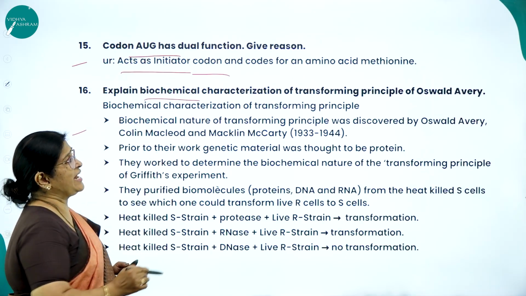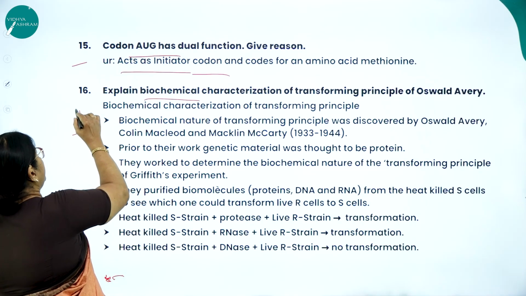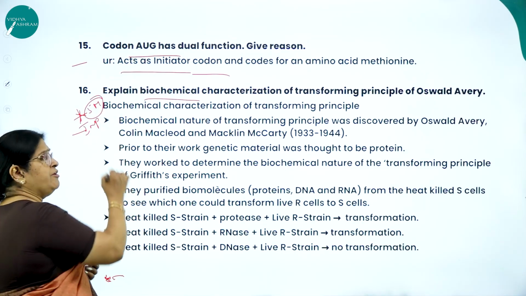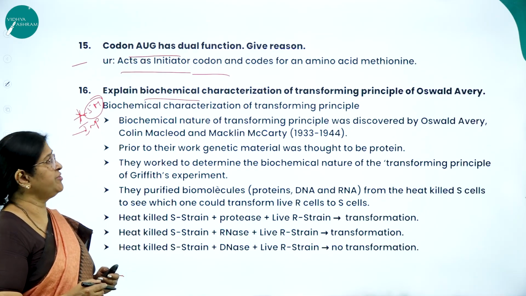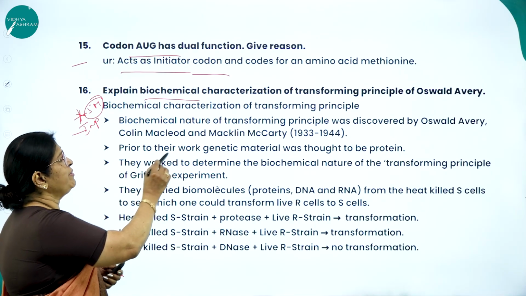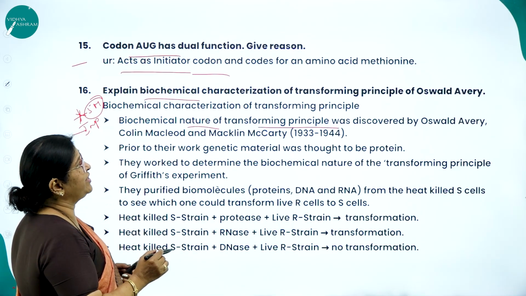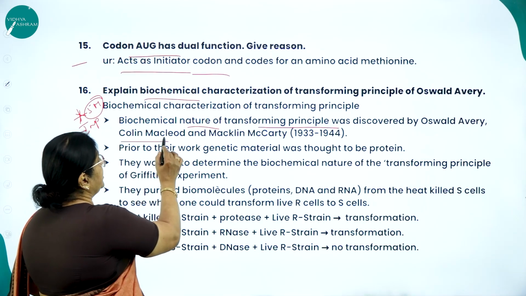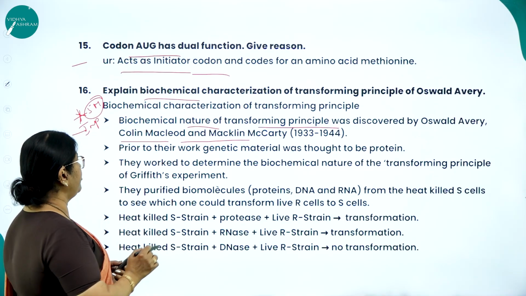Explain biochemical characterization of the transforming principle of Oswald Avery. This is also a very important question from the examination point of view, a 5-marker question. The biochemical nature of the transforming principle was discovered by Oswald Avery, hence it is also called the Oswald Avery transforming principle, along with MacLeod and McCarty in 1933 to 1944.